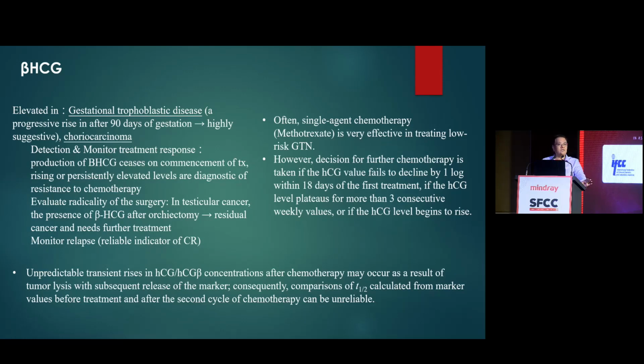Tumor necrosis as a phenomenon is common in choriocarcinoma, which can give rise to this transient rise in beta HCG. This can cause a lot of interpretative challenges in a follow-up patient. There are published reports on transient rise in beta HCG in such cases, so I wanted to highlight that point.